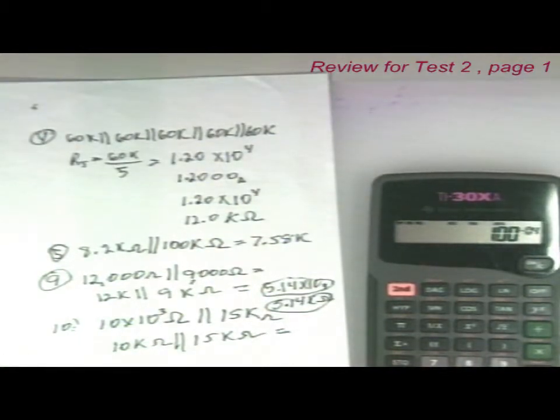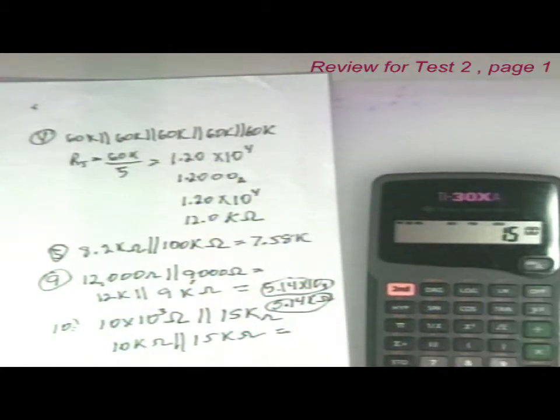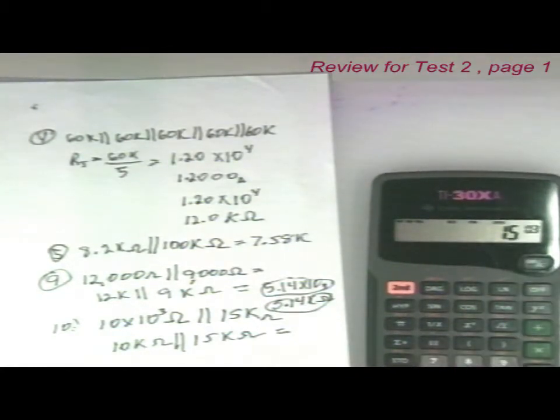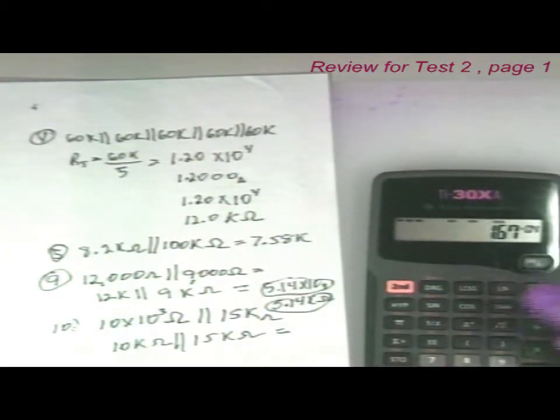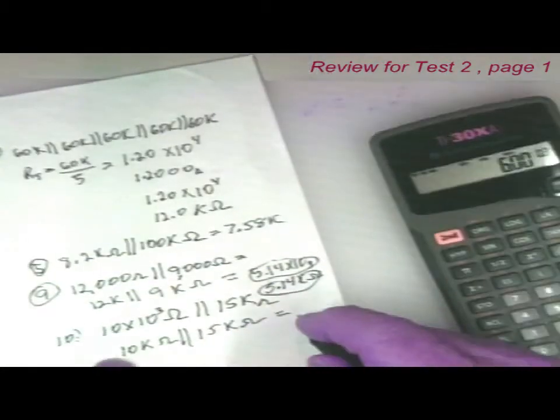Okay, plus 15 double E3 reciprocal equals that. And then I need to take the reciprocal of the whole thing. I've done the reciprocals here, then the reciprocal of the whole thing equals 6 k ohms. Let's see if that's what it turns out to be.